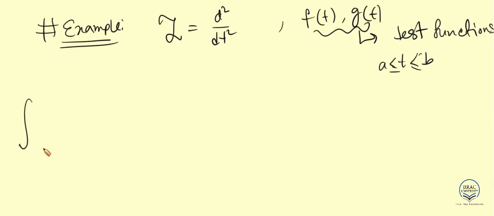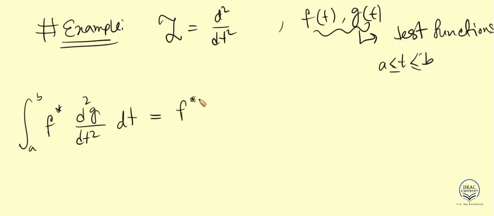So let's write the integral from a to b. We'll write f star, then the second derivative of g, like this, and we'll have our dt. And then what we do, a physicist's favorite friend is integration by parts. So do integration by parts. You will have some f star, then dg dt evaluated at these boundary points, and minus again the integral from a to b.